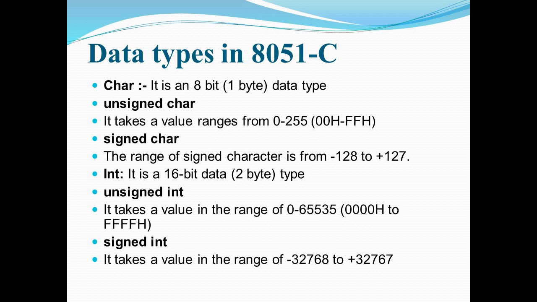Next is the integer data type, which is a 16-bit data type. Here, 2 raised to 16 gives numbers ranging from 0 to 65,536 in the case of unsigned integer, and in the case of signed integer a range from minus 32,700 to plus 32,700.